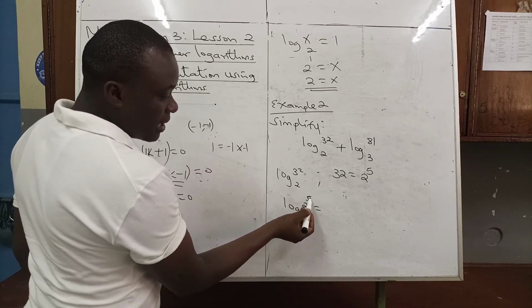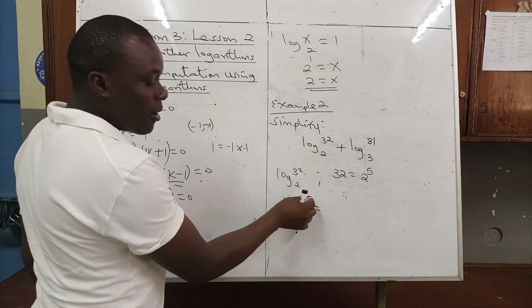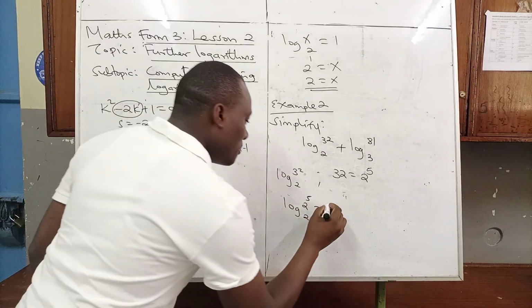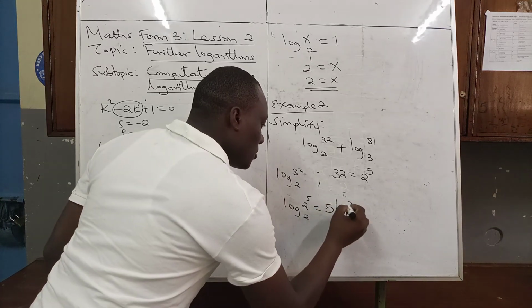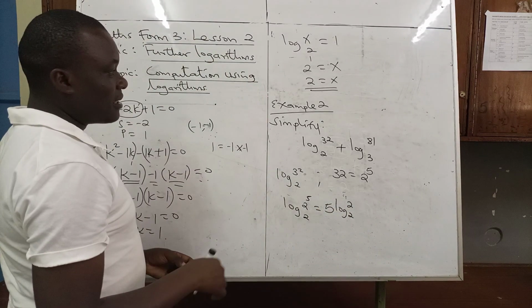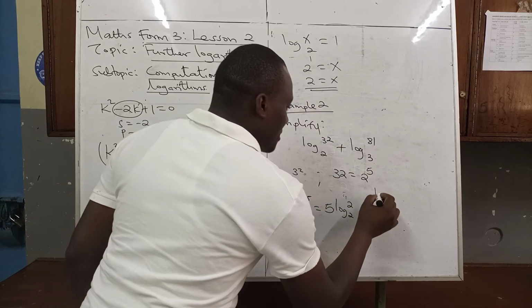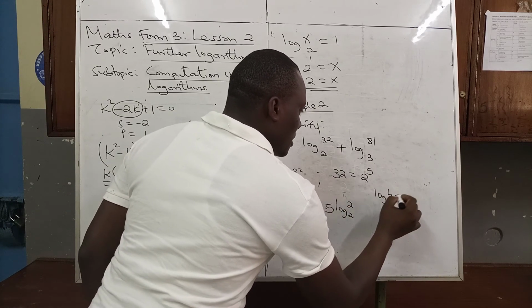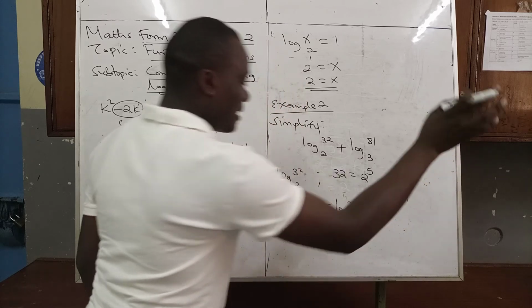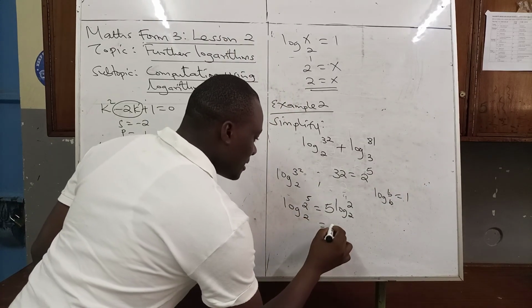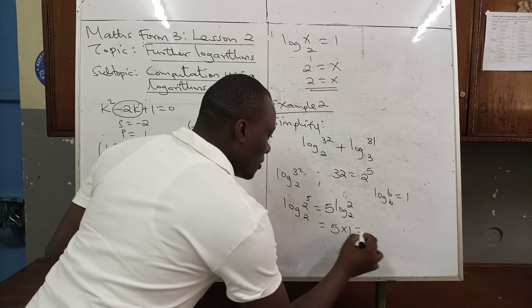And when there is a number having a power, the power can be written in front of log. So it will be 5 log 2 into base 2. And that is basic knowledge that I gave you. But when you have been given log b into base b, when these two numbers are the same, that is just 1. So that means for this case, it will be 5 times 1, which gives us 5.